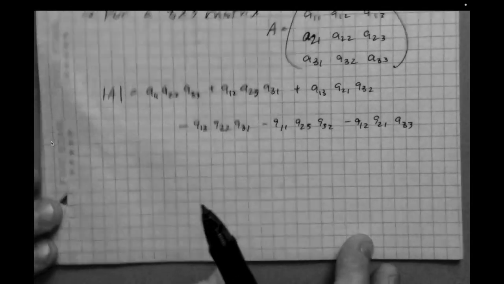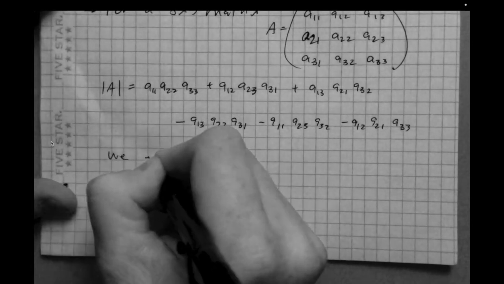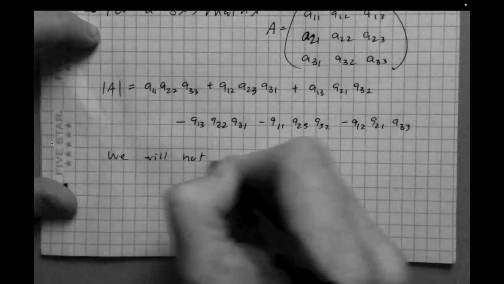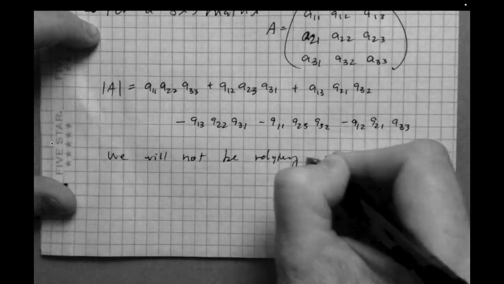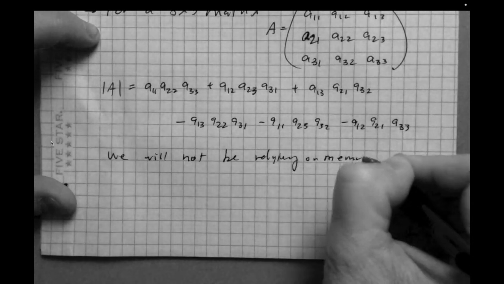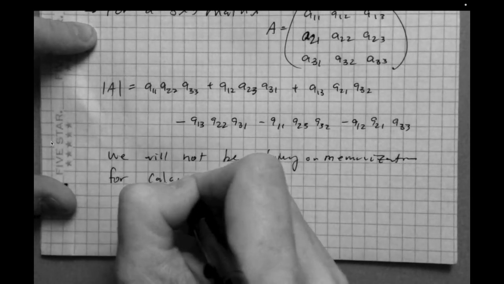Okay, so this is kind of a terrible way to think about how to calculate the determinant, this kind of brute force memorization. We're not going to rely on that at all. So, yeah, we will not be relying on memorization for calculating determinants.